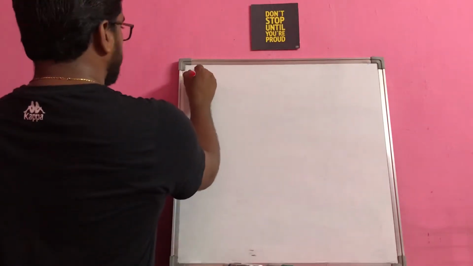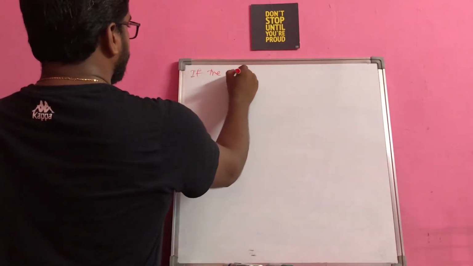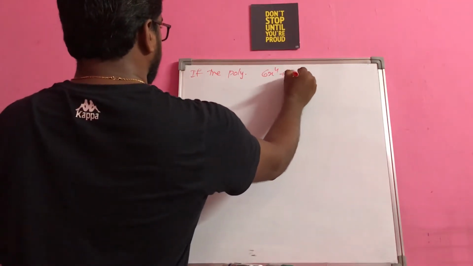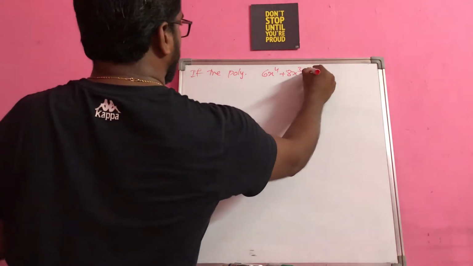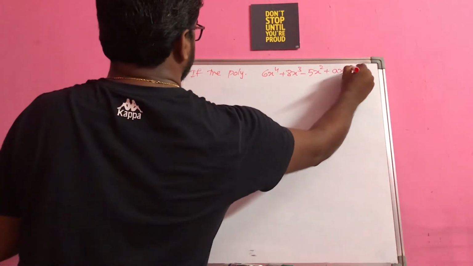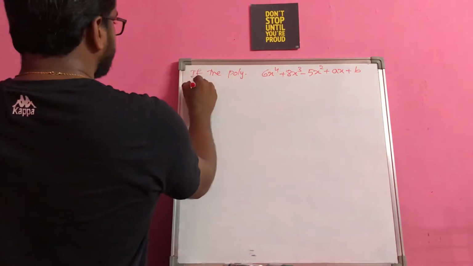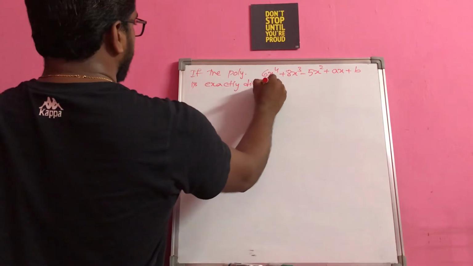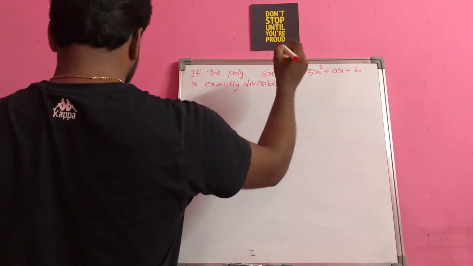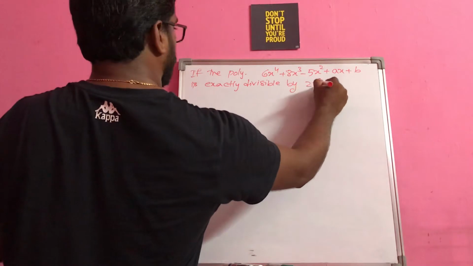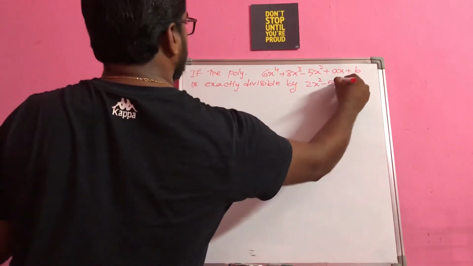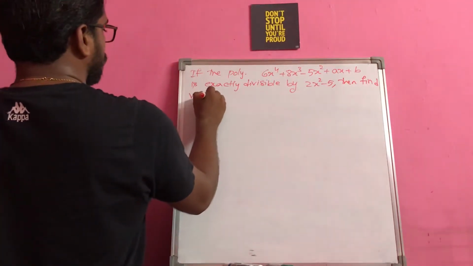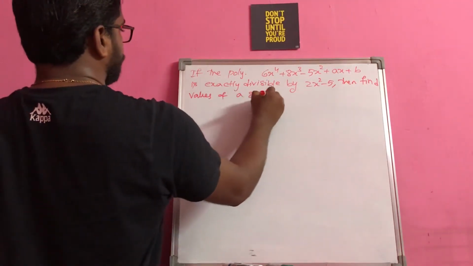If the polynomial 6x power 4 plus 8x cube minus 5x square plus ax plus b is exactly divisible by 2x square minus 5, then find the values of a and b.